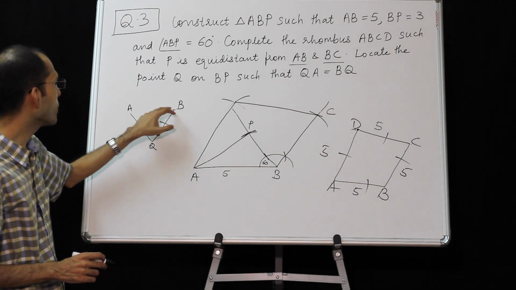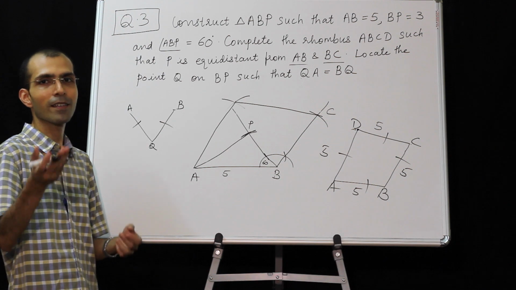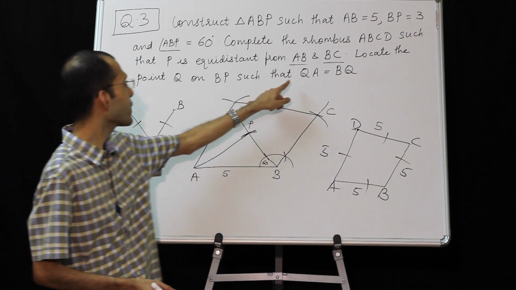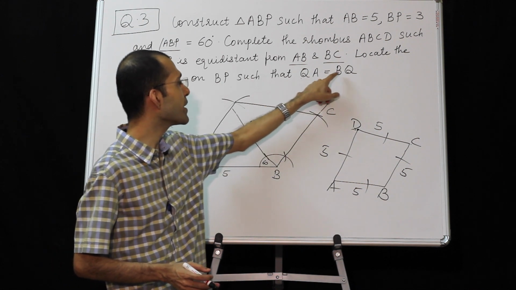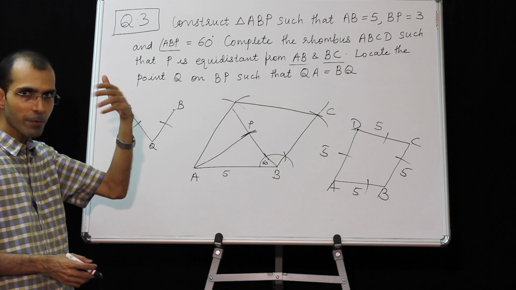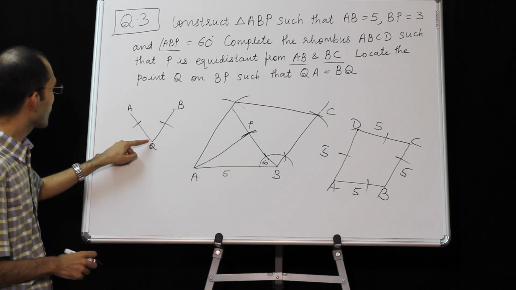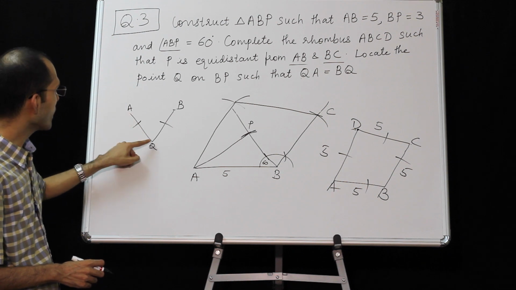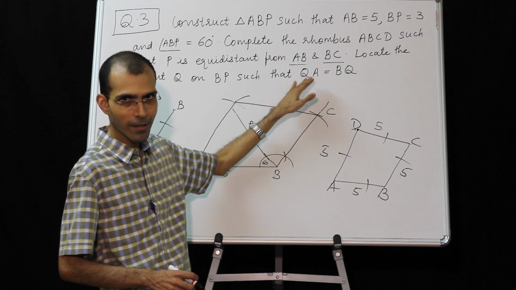Now you call it QB or you call it BQ, what difference does it make? It refers to the same segment. So they have given that Q has to be a point in such a way that QA and BQ should be equal. If I draw a rough sketch, it helps me to imagine what will actually happen. So QA is equal to QB. So this condition I have taken care of.